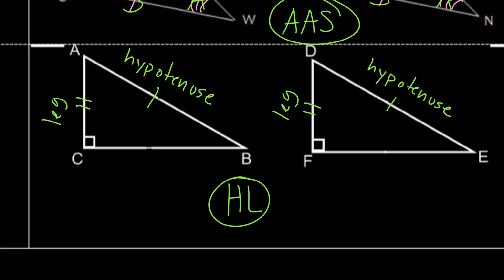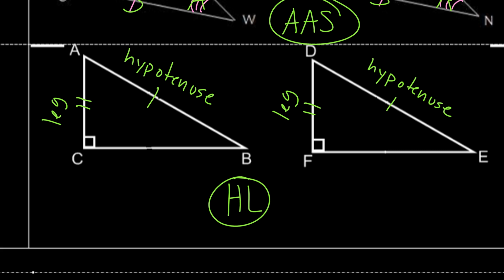Now, you should not immediately see a right triangle and say, oh, let me check for HL. What clues you into checking for HL is when you're labeling this with A's and S's, how do these triangles read? Angle, side.